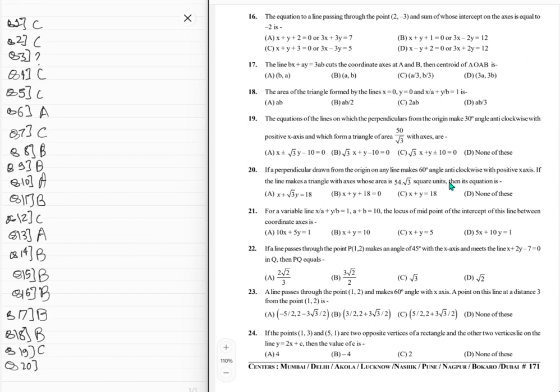with the positive x-axis, so the slope is square root 3. If the line makes a triangle with, hey, it's the same thing as before. Let's just make a general form for this. If the perpendicular has slope m, then this line will have slope negative 1 upon m, right?